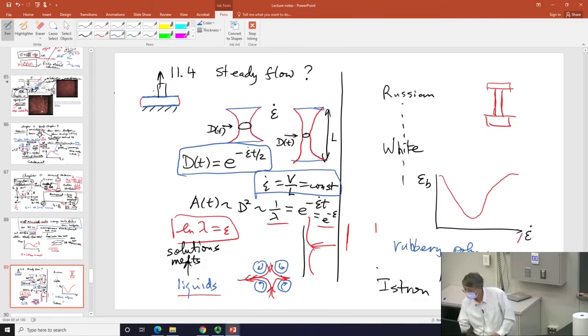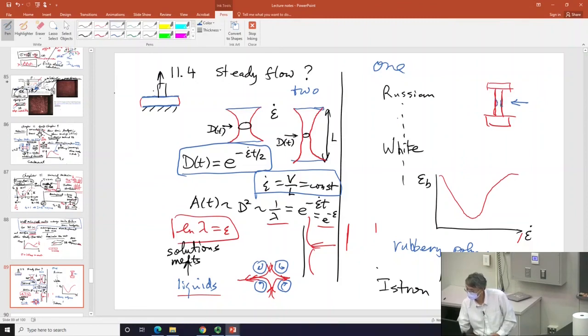But remember, this is world 1, this is world 2. Since in this world, you learned that this sample at some point will refuse to stretch uniformly. Yeah? One part will start to break.